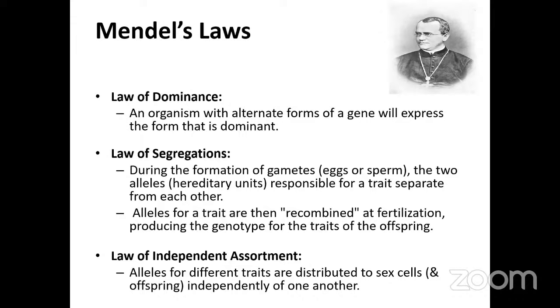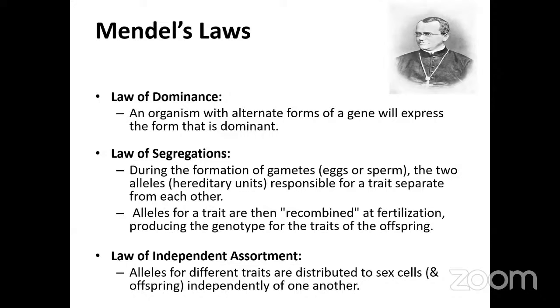Now, the law of independent assortment says alleles for different traits are distributed to sex cells independently of one another. That's why we always say, whenever we estimate a recurrence risk, it's always for that particular pregnancy. With every pregnancy, the risk remains the same because these different traits distribute to the sex cells or gametes independently of one another. It doesn't have any memory.